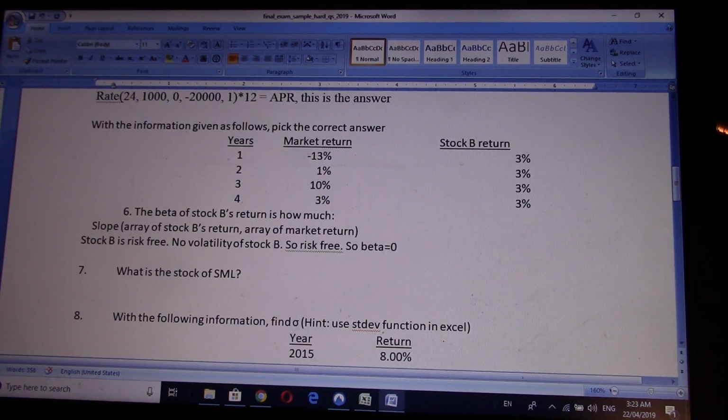You don't need to do the calculation. If you use the slope function to calculate it, you will get 0 for your answer, but you don't have to. This is the only question where I'm asking you to calculate the beta using the slope function, so you don't need to practice how to get the beta using the slope function.